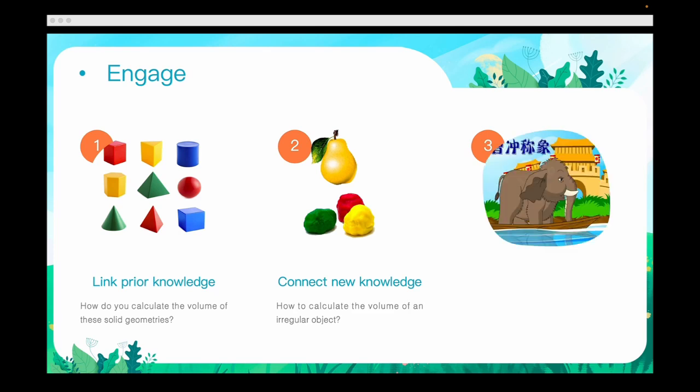And then by playing the video of Cao Chong and the elephant, the teacher inspires students and lets them share their ideas. What have you gained? How do you think you can measure it? This gives an initial perception of the meaning of transformation. At the same time, playing videos stimulates students' interest in learning.